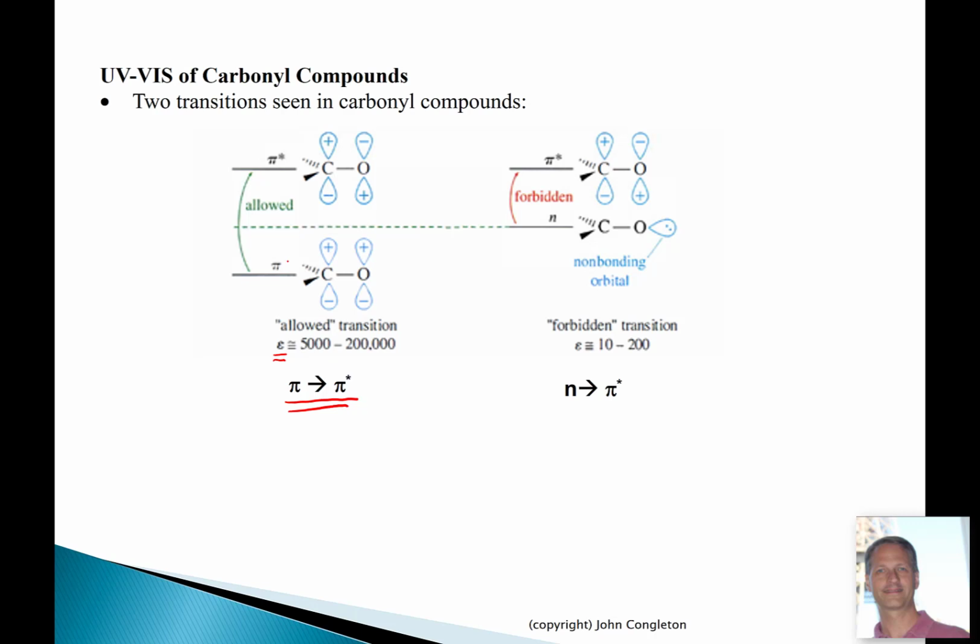This is a depiction of electrons moving from a lower energy state to a higher energy state. And then we have the forbidden ones. The forbidden transitions are 10 to 200 nanometers. That forbidden transition refers to something you'll talk about later on if you're a chemistry major, when you get into quantum chemistry a little bit.